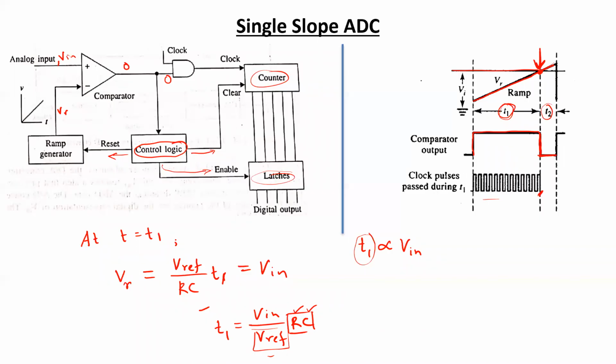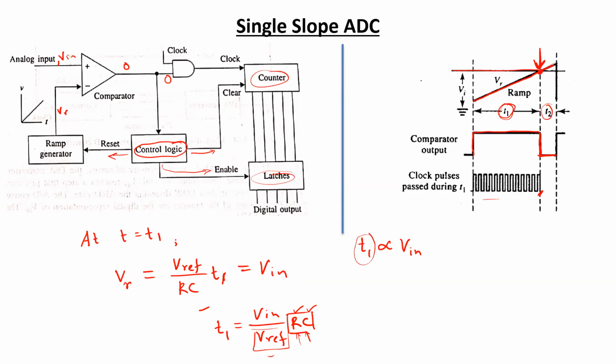For example, a significant change in resistance can occur if there is too much variation in the temperature of the surrounding environment. So if any one of these quantities is varying, then it cannot be said that T1 is directly proportional to the input voltage.